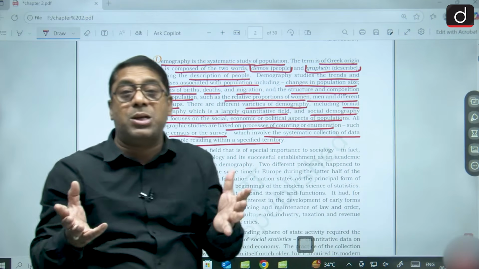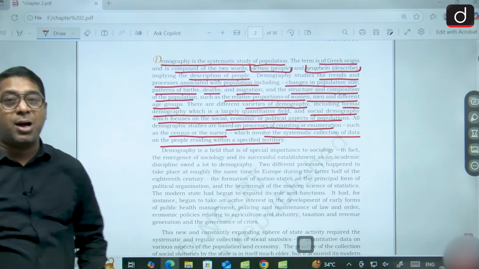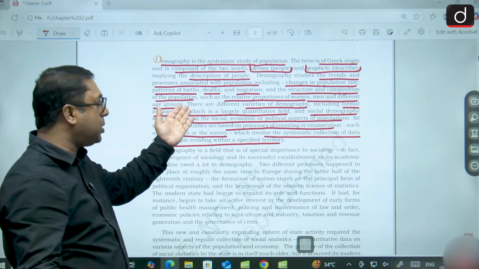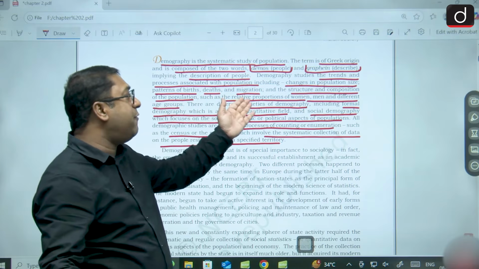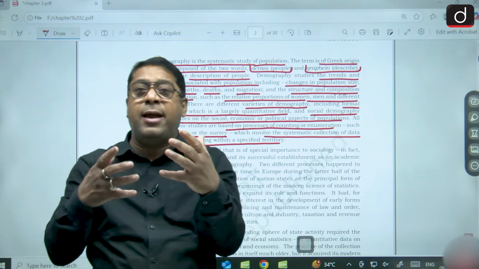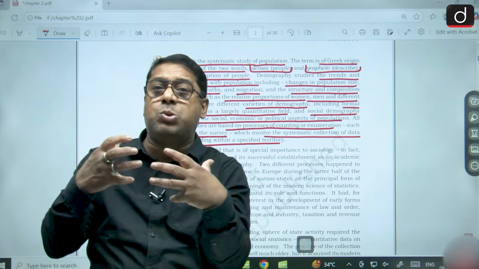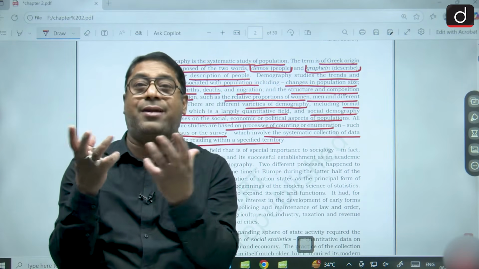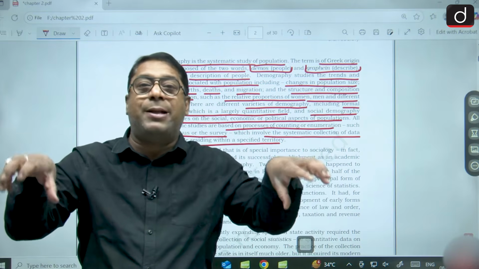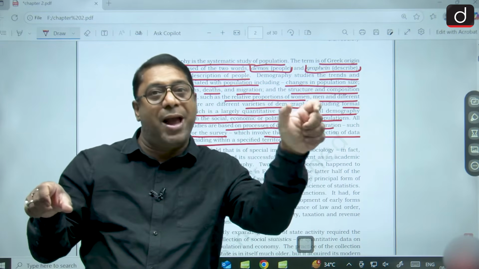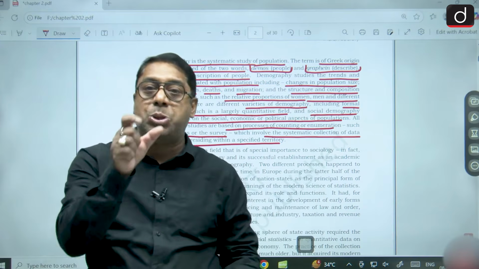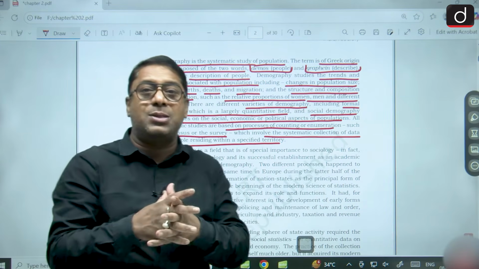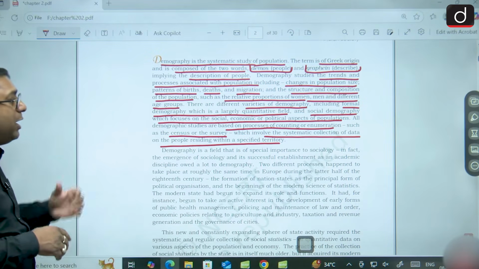That is the composition and structure with regard to the population. What does relative mean? In English, relative means in relation. So when we are trying to relate various aspects of the population, that is men, women and children, and in children also the boys and girls, then we use demography.